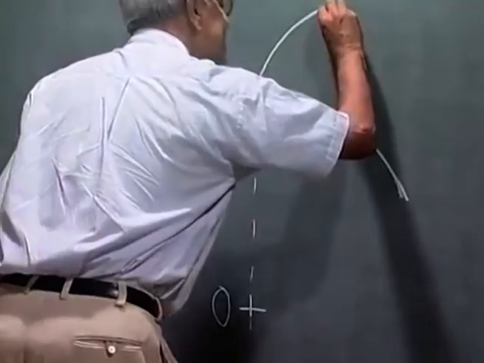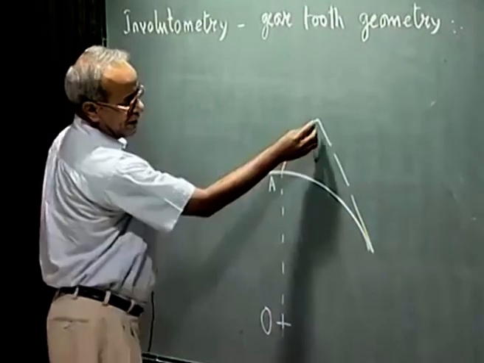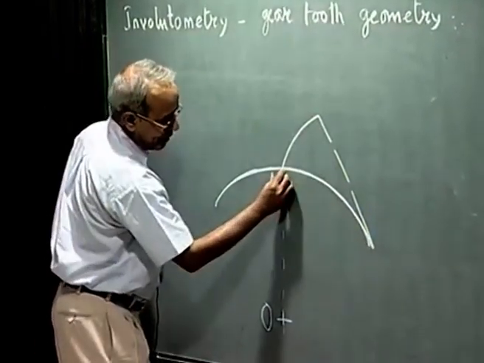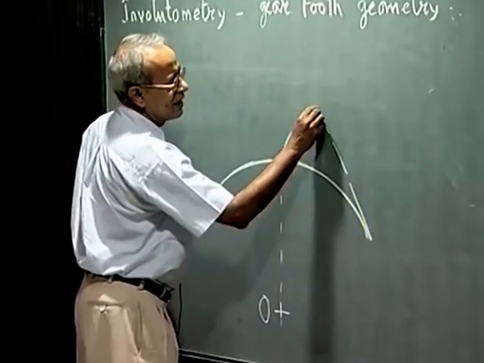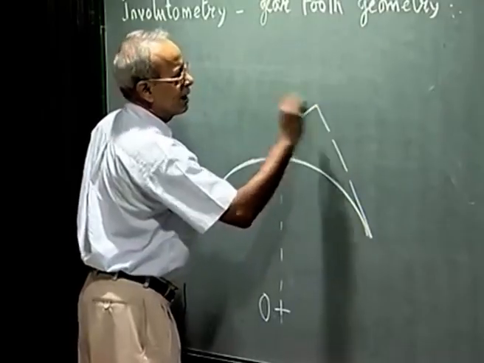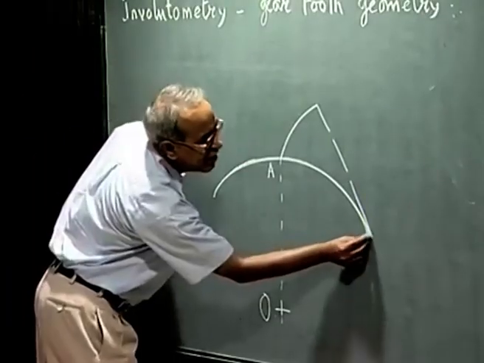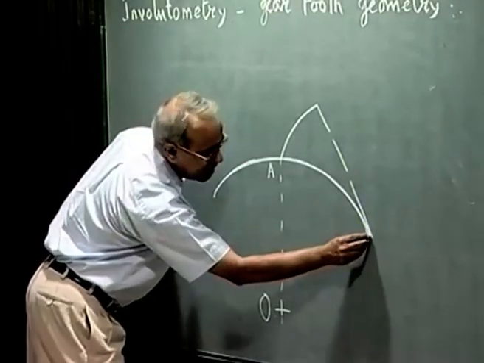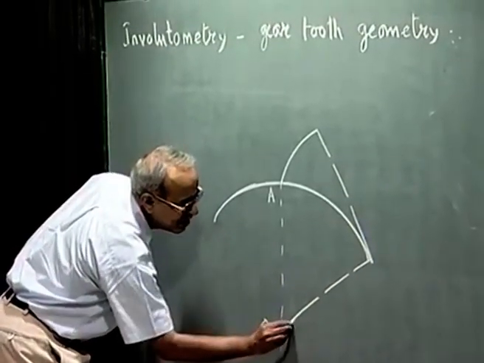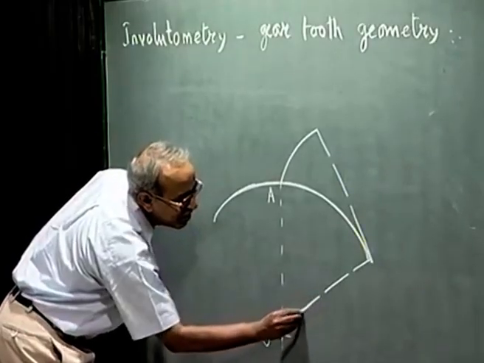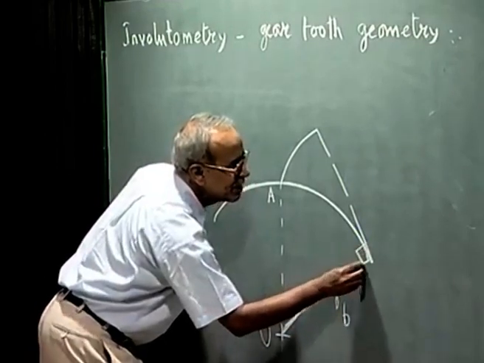So, at this point, this is the string length which is the same as this arc length, because this string was wound onto this cylinder and now it has unwound up to this point, and this is the involute from this base circle. So, the string is tangent to the base circle. So, this radius RB, the base circle radius, is perpendicular to the string.